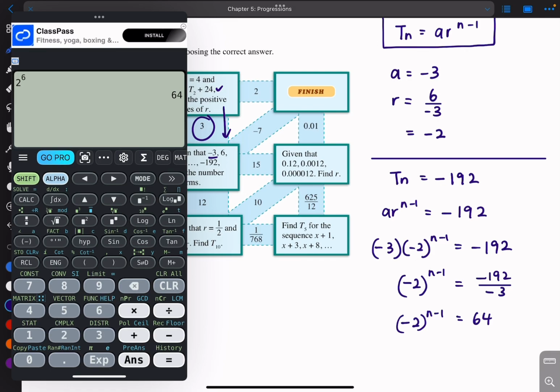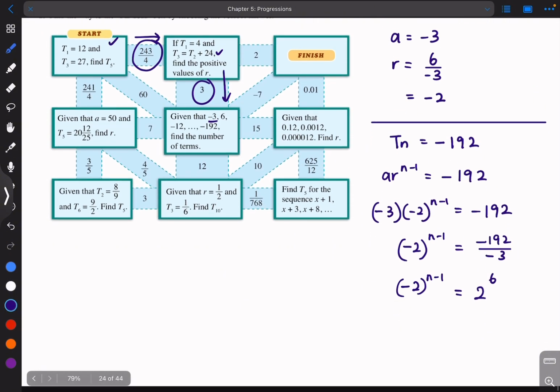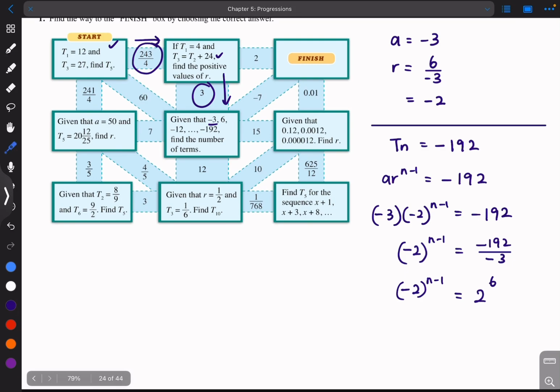So we can say this is 2 to the power of 6. Right. So to get 2 power 6, here we need to make it 7, because 7 minus 1 only will get us 6. Therefore n is 7.